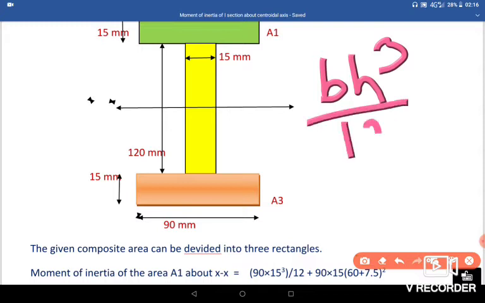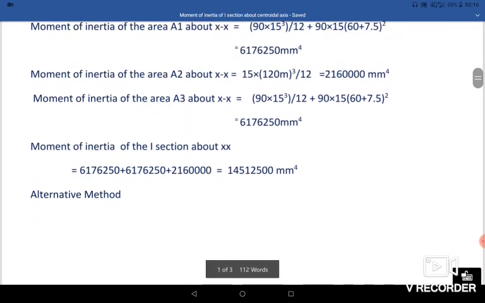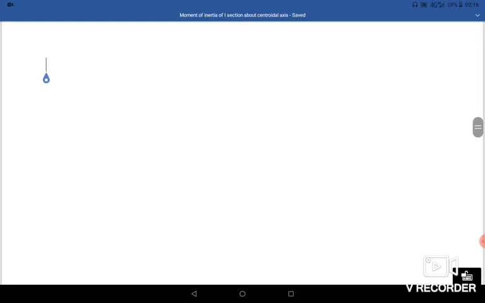This is the direct formula for the moment of inertia of a rectangle about its centroidal axis, and from the geometry this is the centroidal axis of section A2.